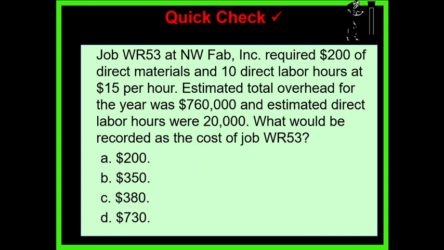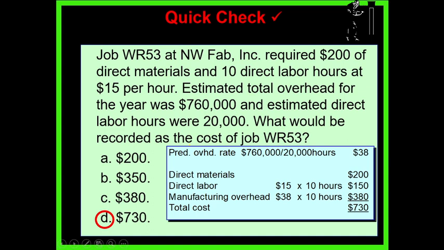Since it's based on direct labor hours, that rate will be multiplied by 10 hours. Okay, so let's see. Your answer will be 730. Okay po. So, sana nakuha natin ito. So, let's have a short moment for you to internalize that habang magkakape ako.